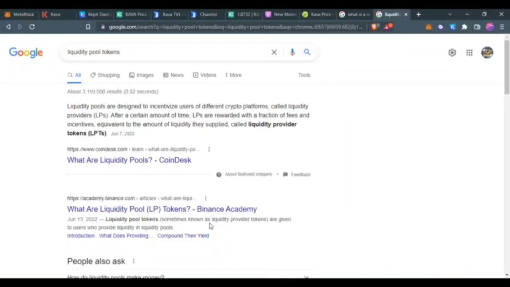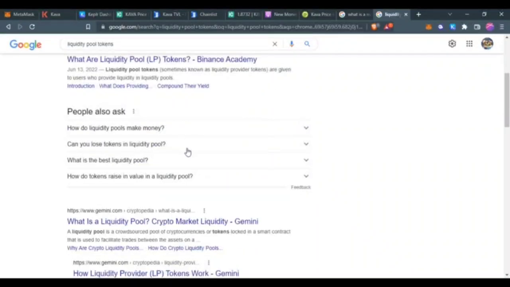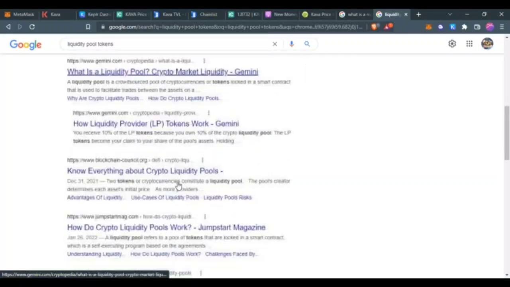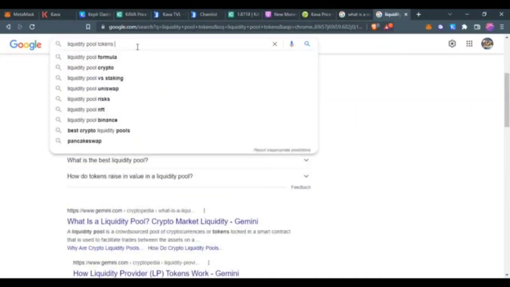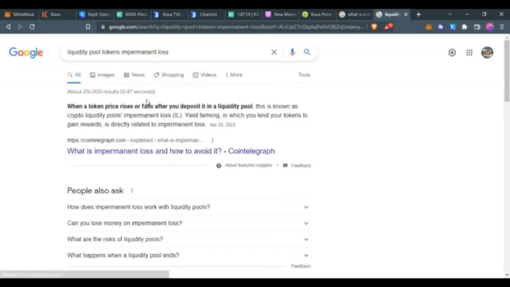Let's see. Trying to see if they talk about the half and half. Let's see if we talk about impermanent loss. Here we go, impermanent loss. So when a token rises or falls after you deposit into a liquidity pool, this is known as impermanent loss.